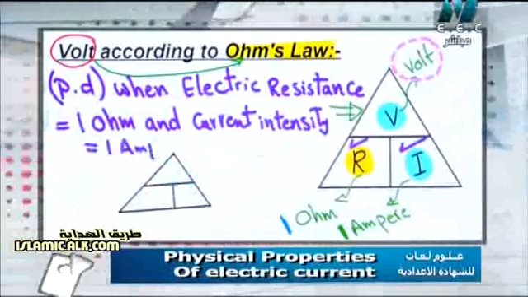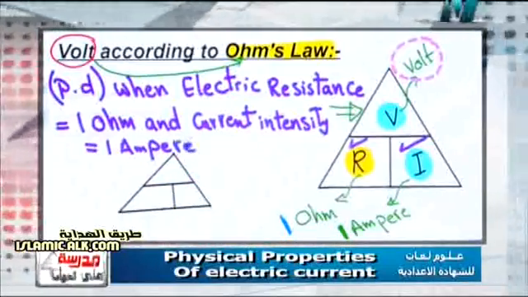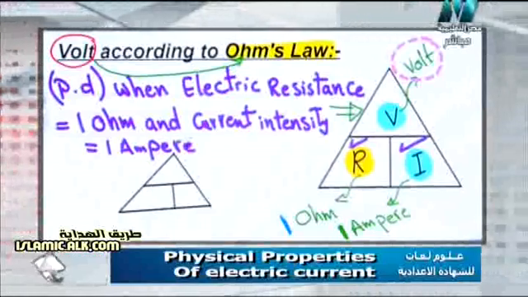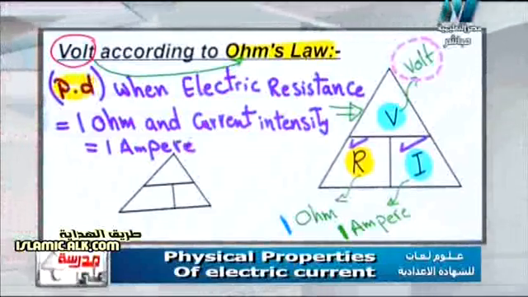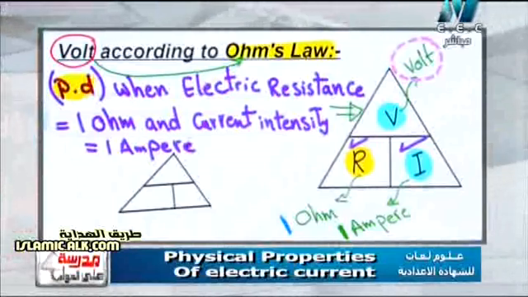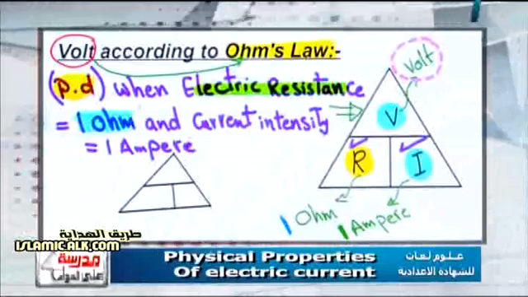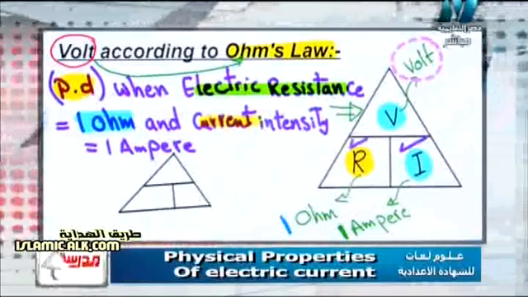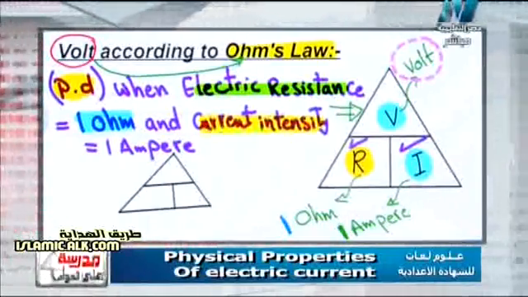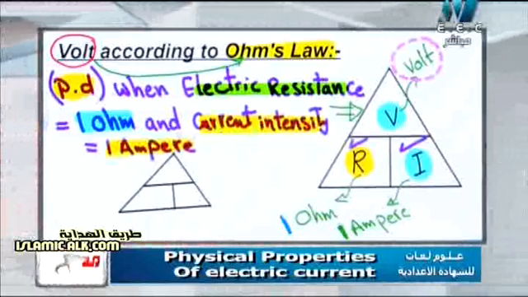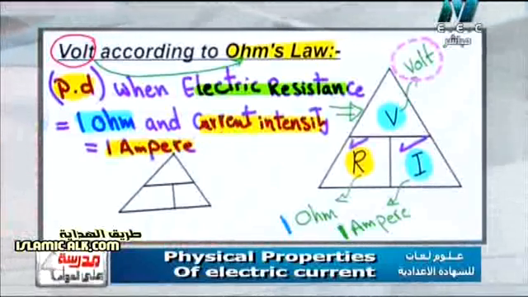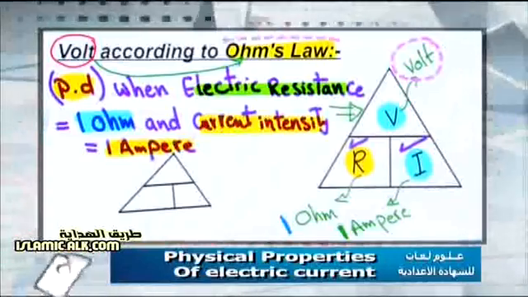We define from this magic triangle. Volt is a potential difference when the electric resistance equals 1 ohm and the electric current intensity equals 1 ampere. So now we define volt according to Ohm's law.